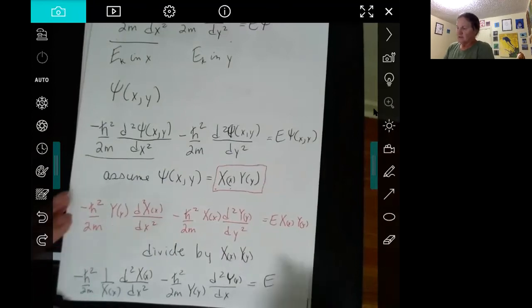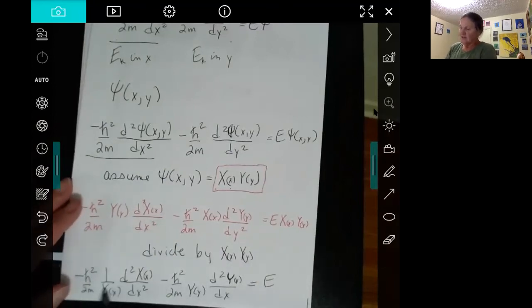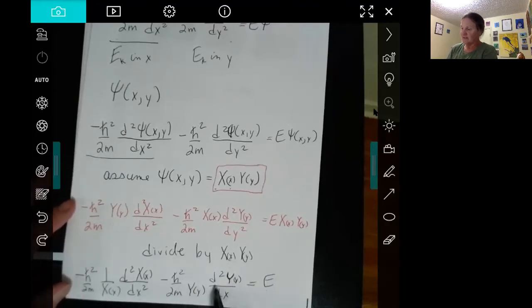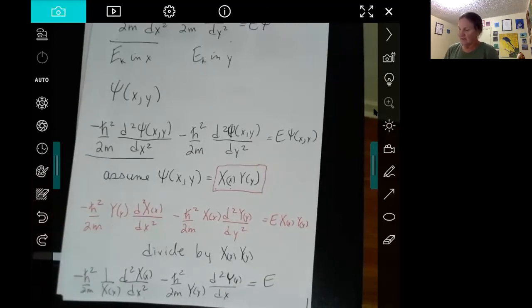So you can say that this guy is equal to a constant, and this guy has to be equal to a constant. So if y changes, this whole thing has to stay constant because this would be constant. And if their sum has to equal a constant, then each term has to be a constant.